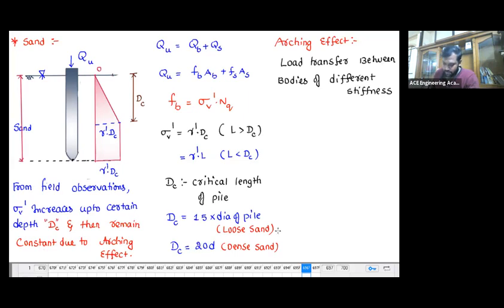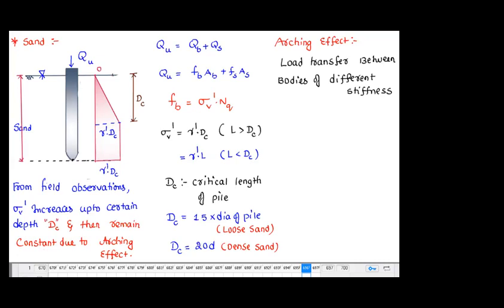Okay, fine. So now you please observe. So the arching effect is nothing but, listen to me carefully again, up to the depth DC, the stiffness of the pile and the soil are different, so the load will transfer. But beyond this depth DC, the soil attained some dense state.